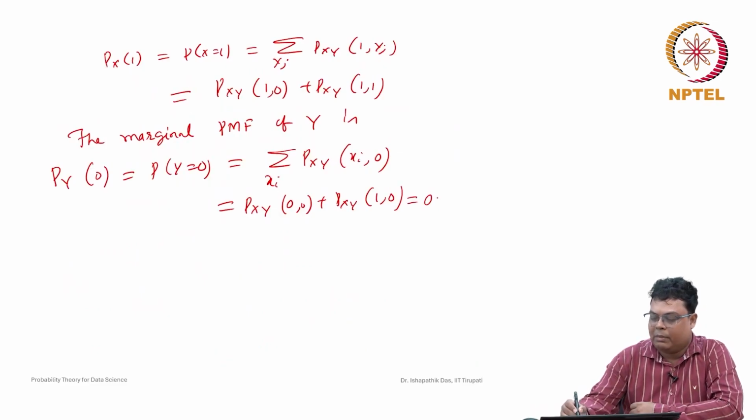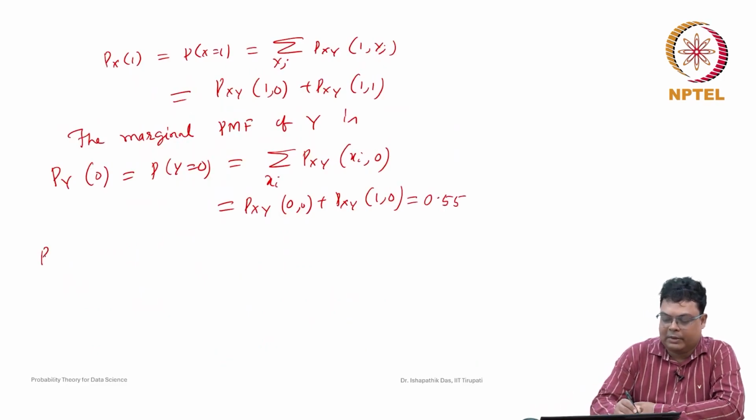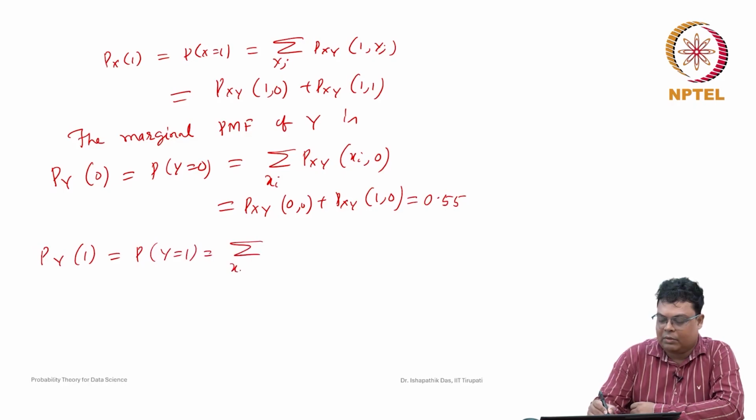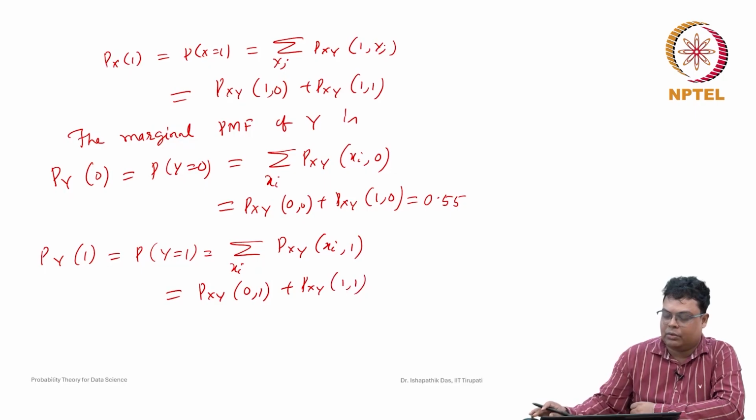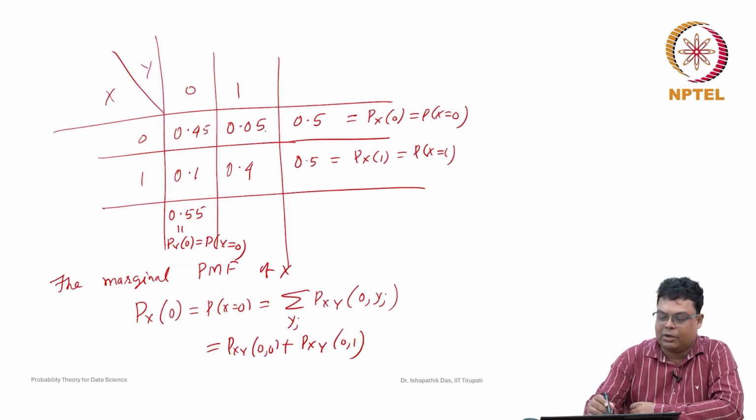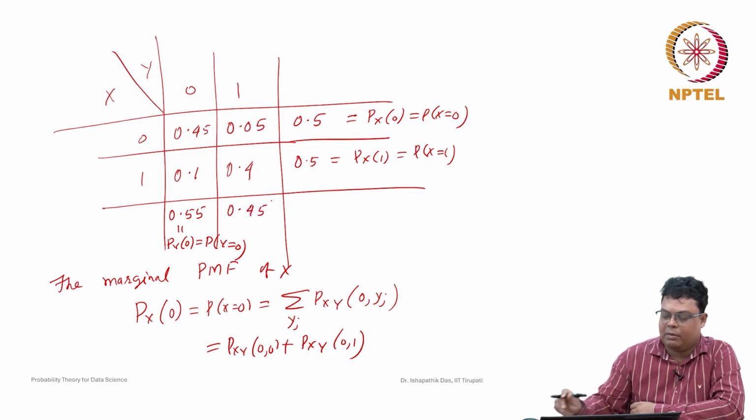This is the marginal probability mass function. Similarly, we can find P_Y of 1. This is the second column sum. This is nothing but the summation over x_i of P_XY of x_i,1. So this is P_XY of 0,1 plus P_XY of 1,1. You can see that P_XY of 0,1 is 0.05 and P_XY of 1,1 is 0.4. So it is coming 0.45.